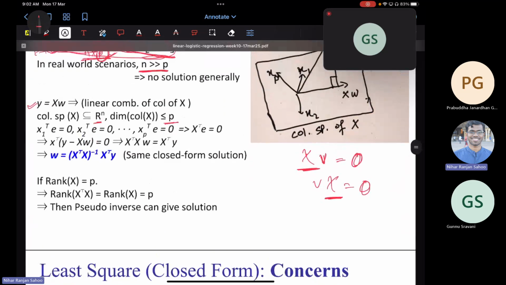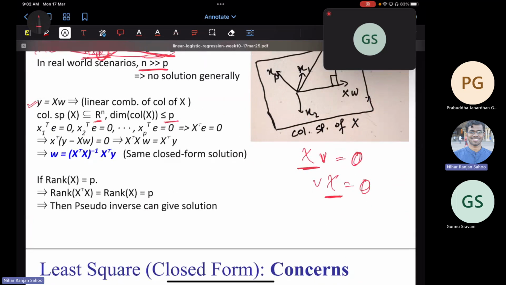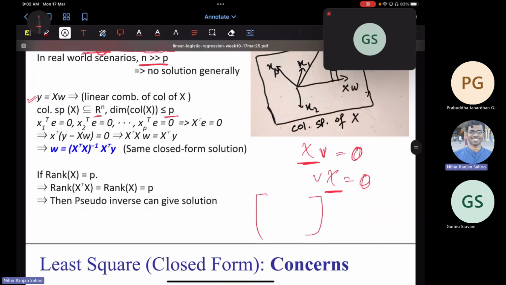If you try to visualize this, let's say you know how to compute the solution for Xw equal to b, right? You create an augmented matrix of X and b and try to eliminate or simplify this.